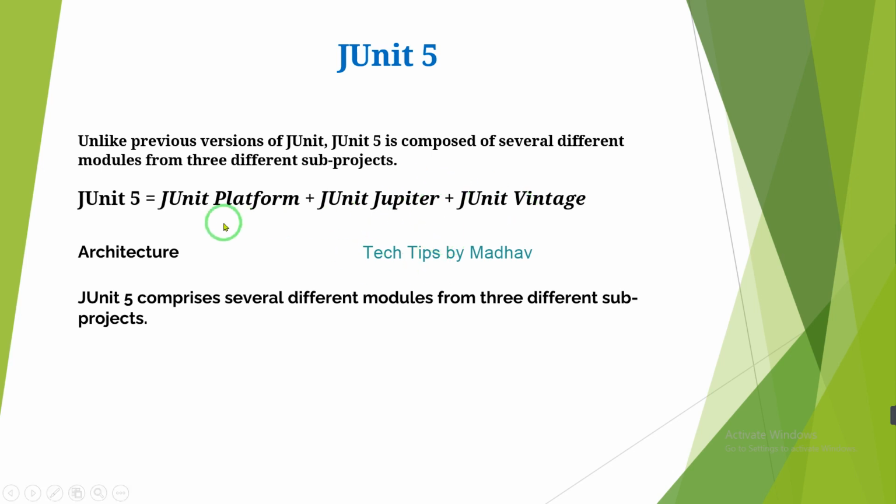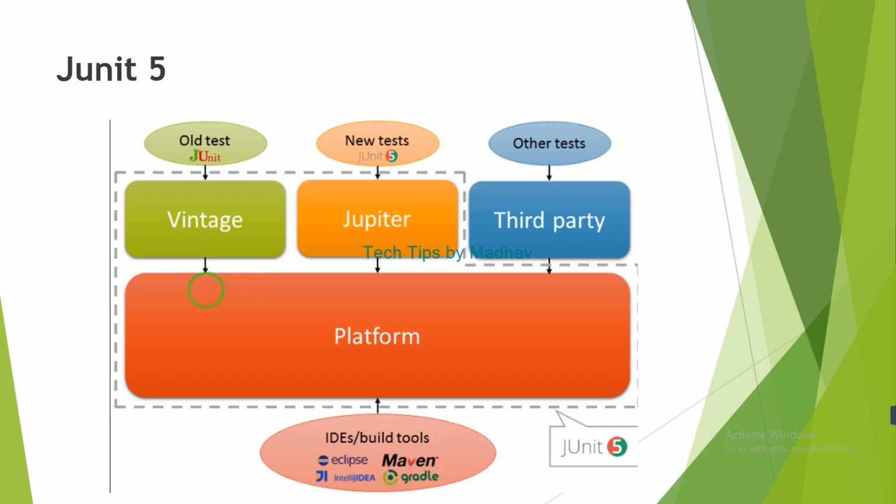So this is the overall information about JUnit 5, and let's see what the architecture looks like. This is the internal architecture. There is a platform, and on top of this we have Vintage and Jupiter.